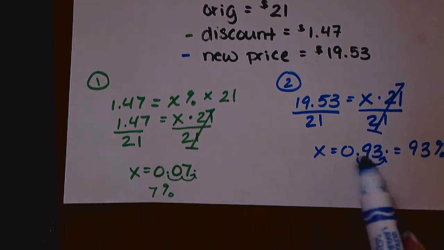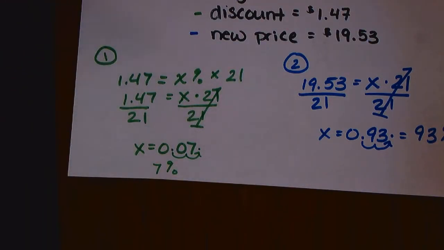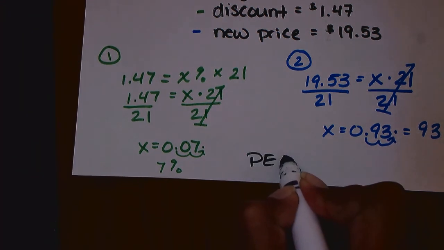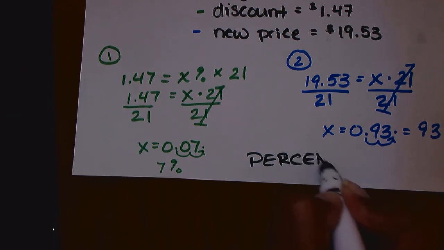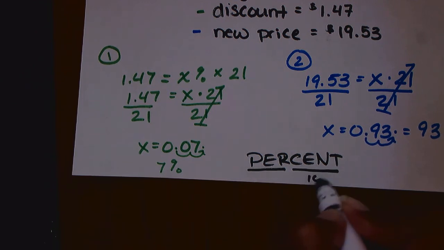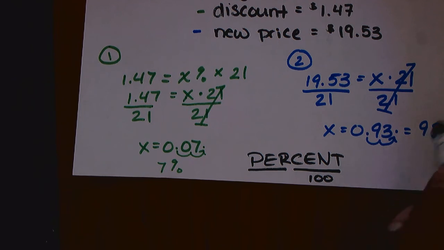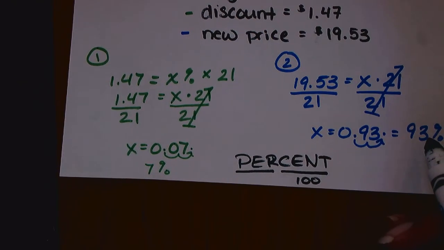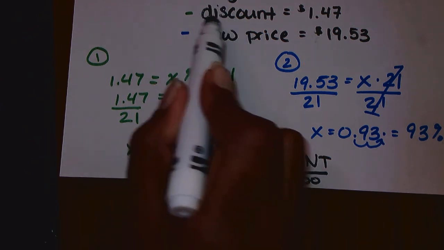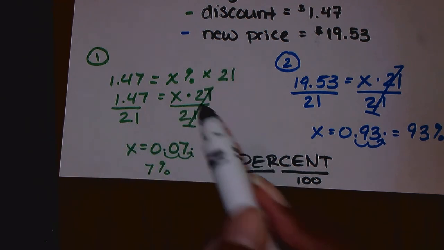Since all percentages are out of 100, and if you don't know this, the word percent means per cent, as in 100, like century. So percents are always out of 100. If your new price is 93% of your original price, then you got a 7% discount. Or you can calculate the discount first by doing subtraction and then asking yourself, what percent of your original price is that?